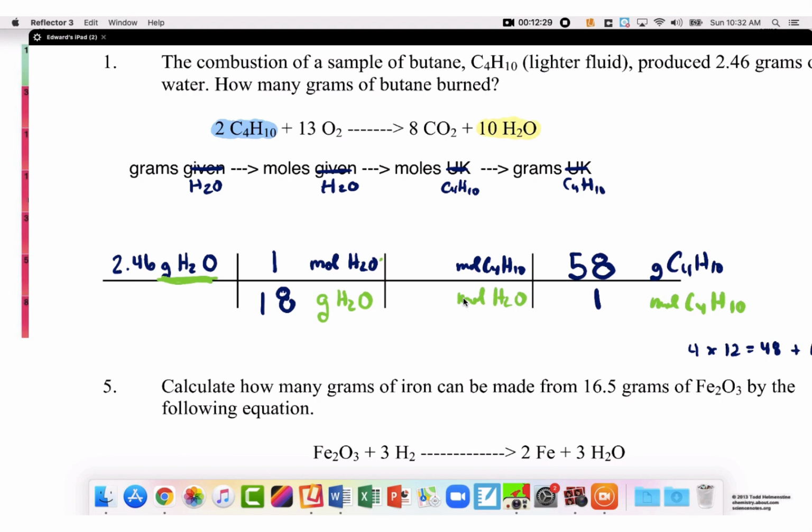So you see what we did there? We have 10 moles of water per every 2 moles of butane. That's what that's for. That's called the mole ratio.